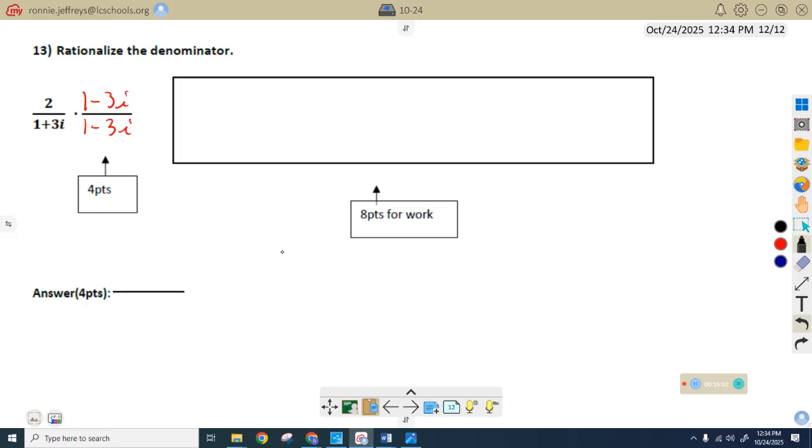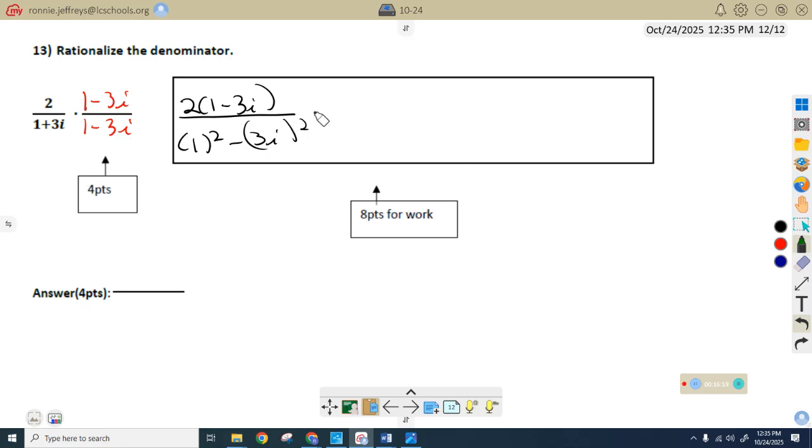So that's where you get your 4 points for this if we were doing it. So minus 3 squared. All right.